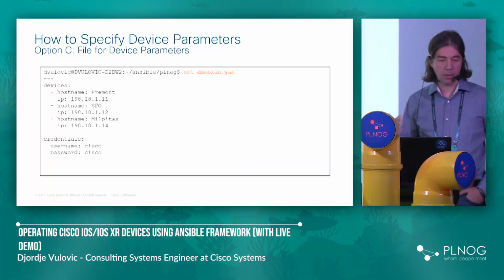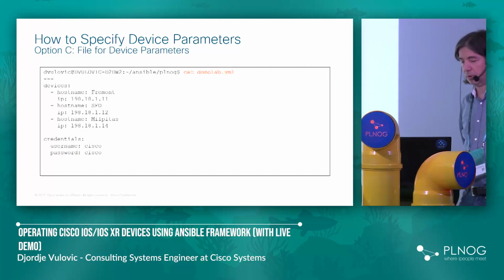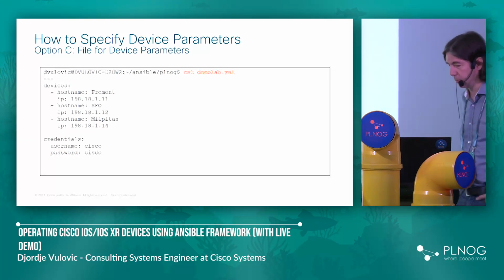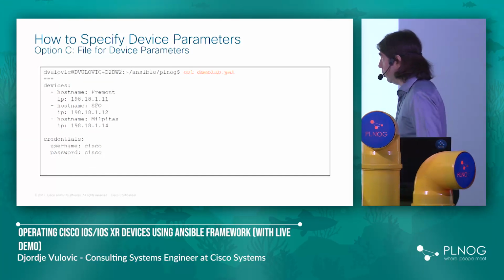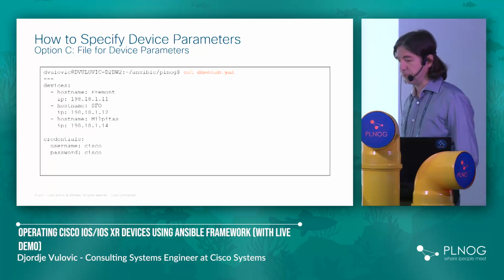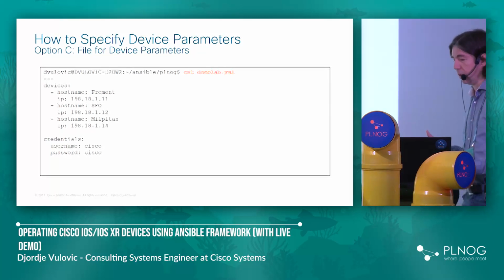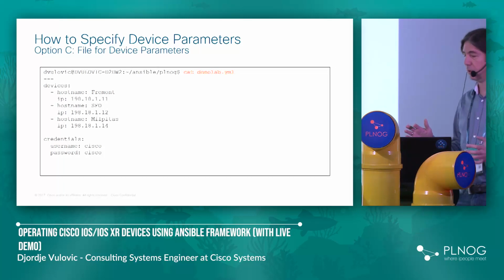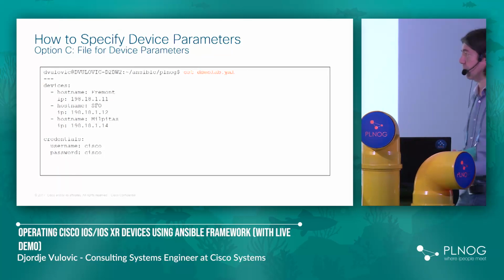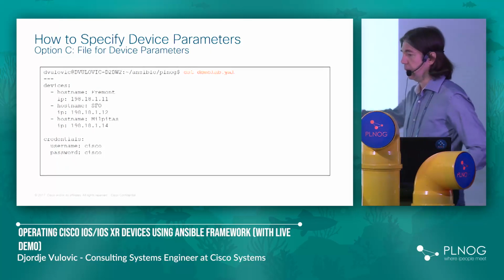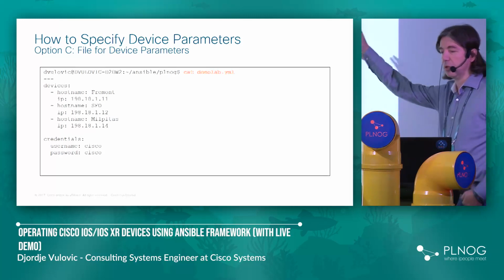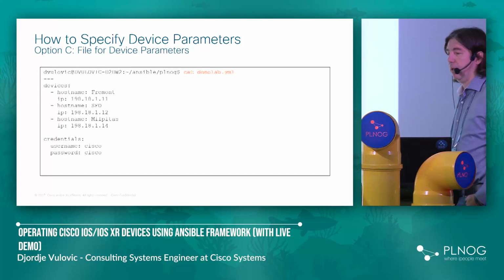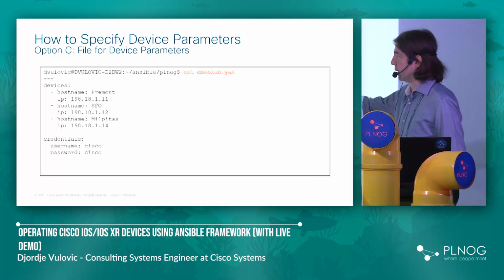You'll see we'll use it also in a couple of cases. You can specify files which have certain values, certain parameters in there, and these parameters you can include into your playbook, and then your playbook gets some of these values.